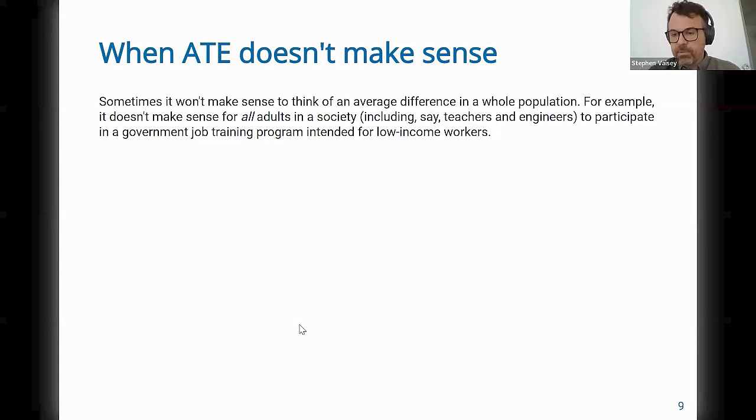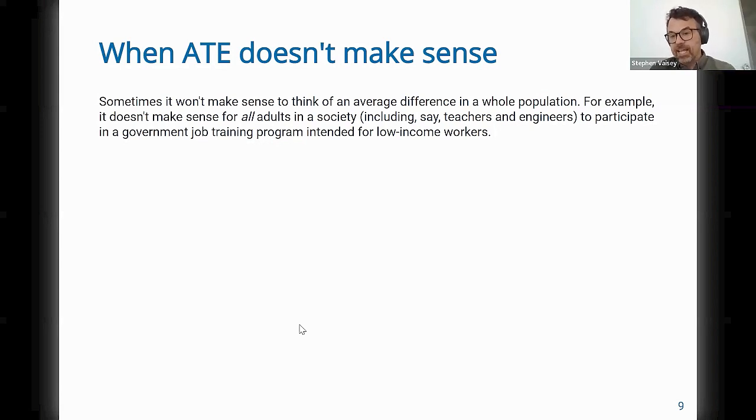a random person in the population. So it doesn't make sense for all adults in a society, including say teachers and engineers, to participate in a government job training program that's intended for low-income workers. If we just take a random person from the US labor market and put them in this job training program, to the average person, that might actually decrease their earnings. We don't know. A more obvious and gruesome example of this is if you want to know what the effect is of a kidney transplant on people, you don't say, well, I'm just going to grab random people and start giving them kidney transplants, you know what I mean?